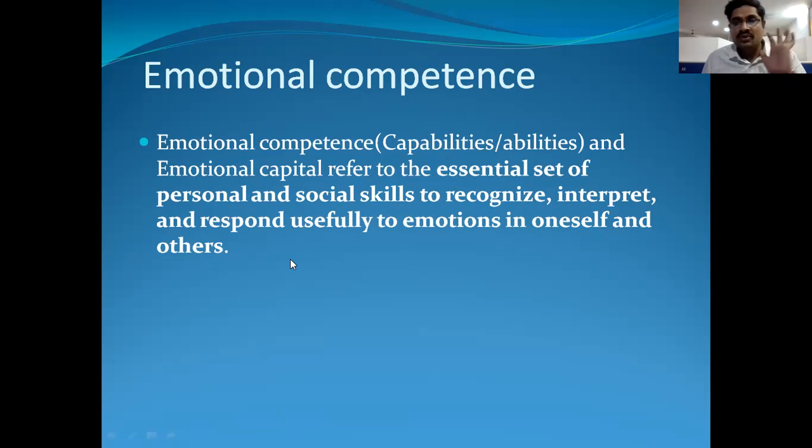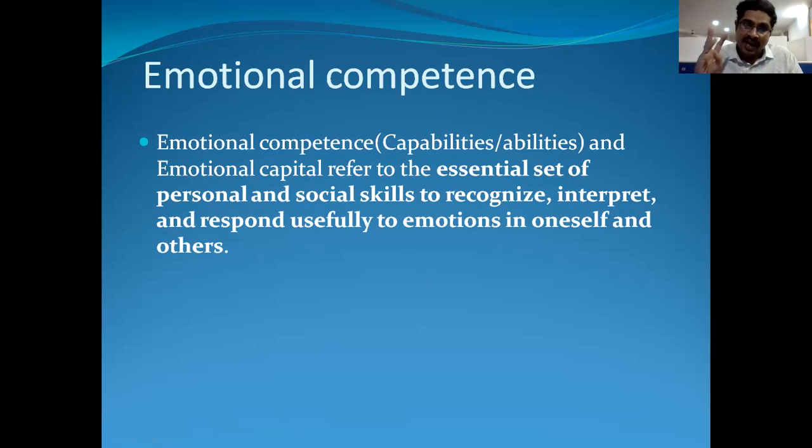This is a very important point; the total meaning is in it. Essential set of skills: what are the skills? Personal skills as well as social skills. We need to recognize and interpret both in society. Society, as I already told you, has four categories.